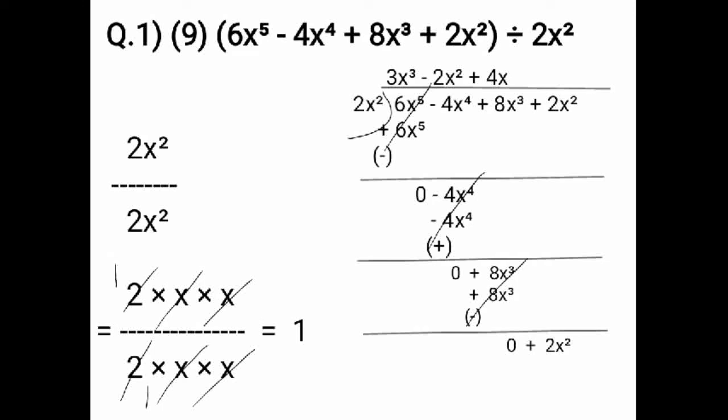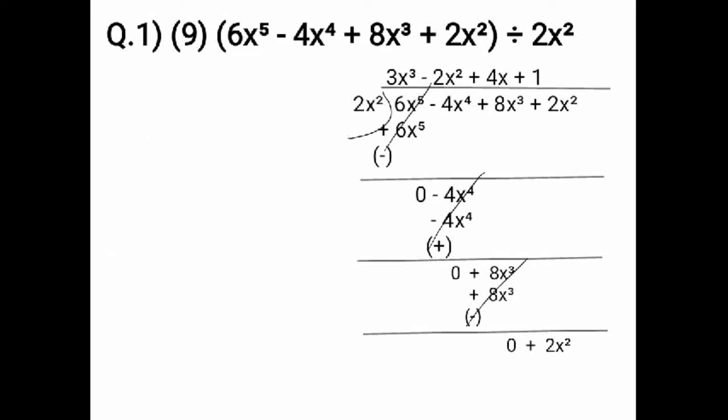After dividing fourth term by 2x square, you are getting the quotient 1. So quotient you have to write this place. 2x square, ones are plus 2x square. Okay. Now plus sign will become minus sign. 2x square minus 2x square.